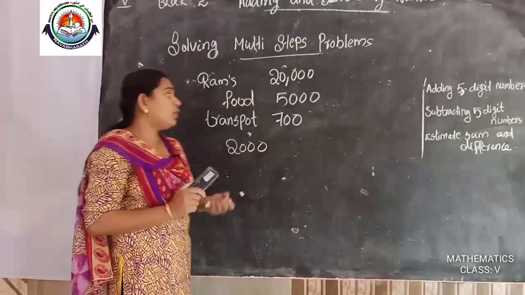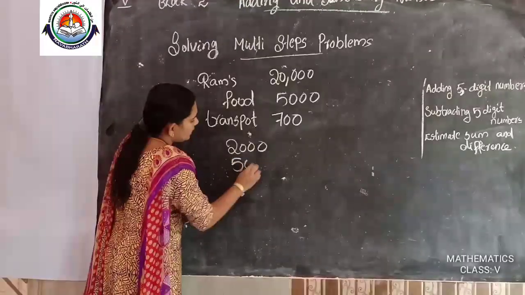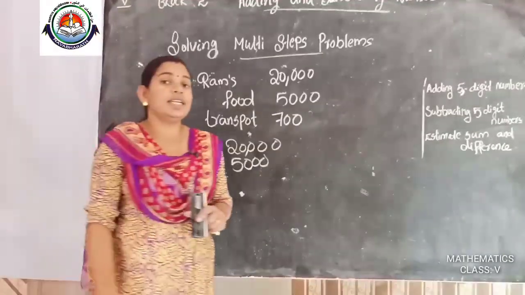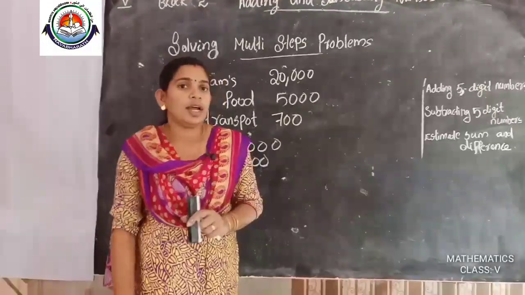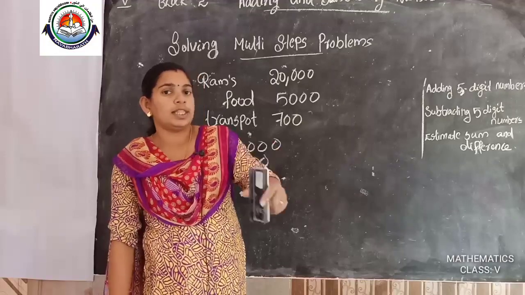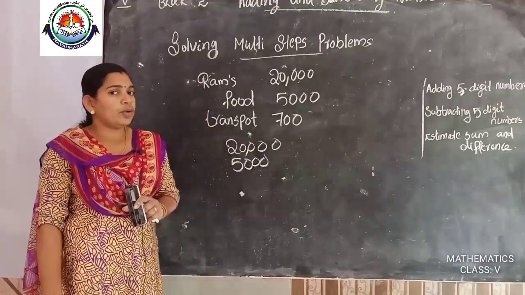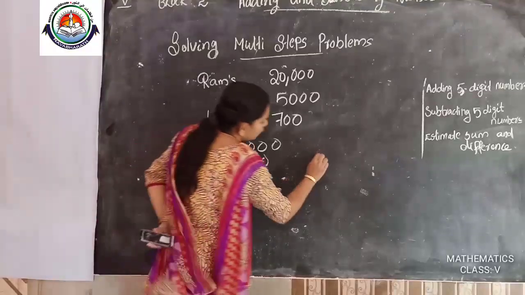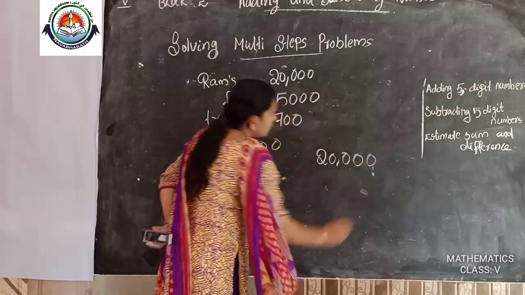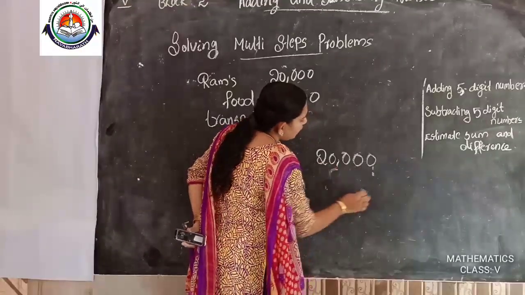Then he spent for food 5,000. Then how much money remains with him? 20,000 minus 5,000. How do you write it?